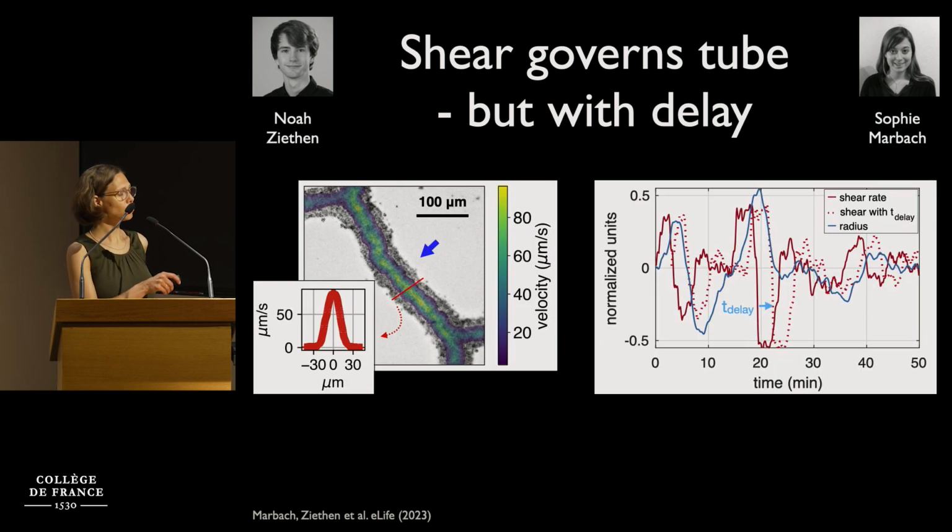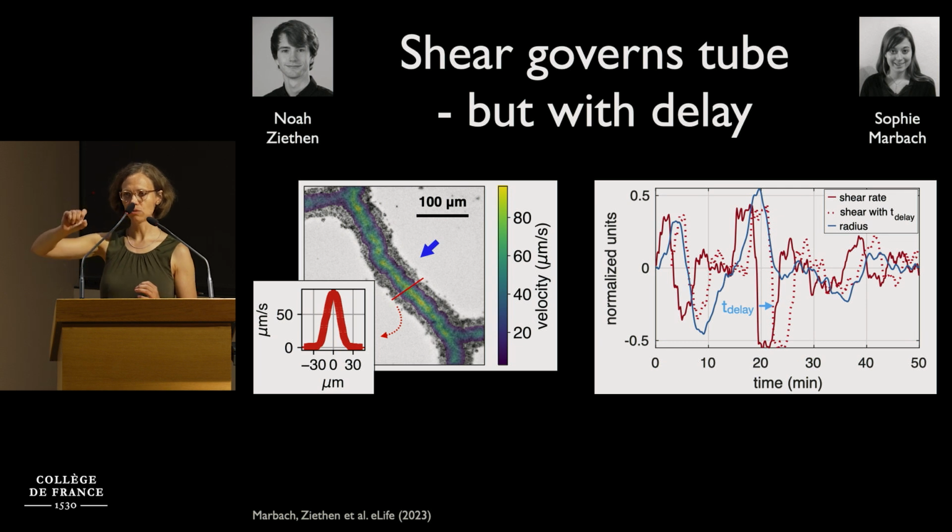In these tubes, we verify that it really obeys what we expect from laminar flow in long, slender tubes. If we now, over time, map out the tube radius in blue, and here tube radius, I should stress, are not the short time scale contractions. We're averaging over those, and we're just interested in the long time adaptation of these tube diameters, of the tubes shrinking or growing over timescales of 10 minutes to an hour.